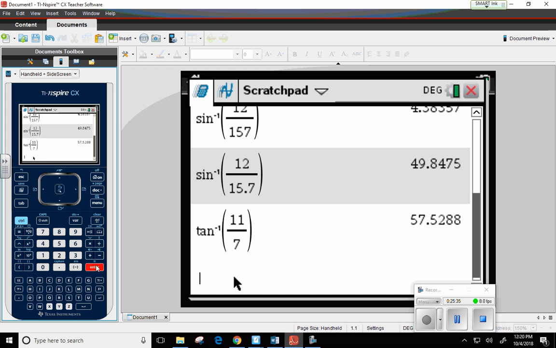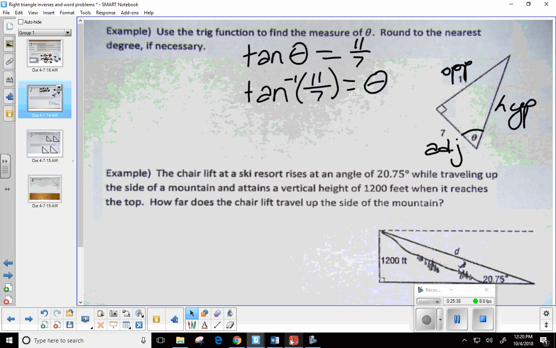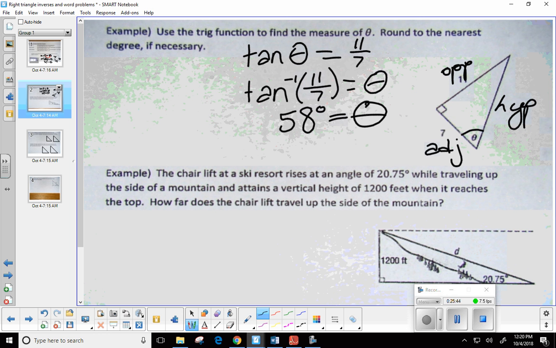We enter, and then that'll give us 57.5. And so that's 58 degrees once we round again, because it told us to. And so 58 degrees equals theta. So does that make sense? It's the exact same thing, just with a different trig function.